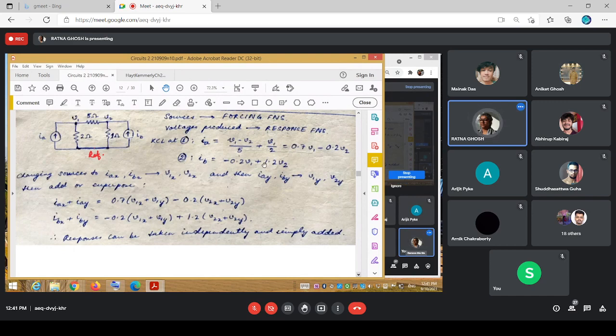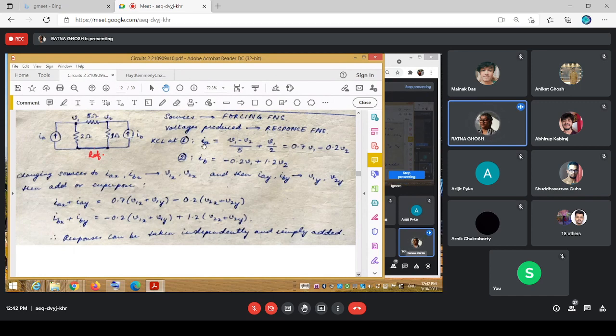And you would land up at this particular equation. You had V2 by 5 here, so that gives you the 1.2 V2, and this minus 0.2 of V1.